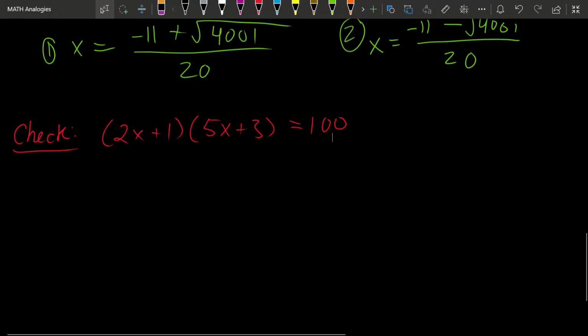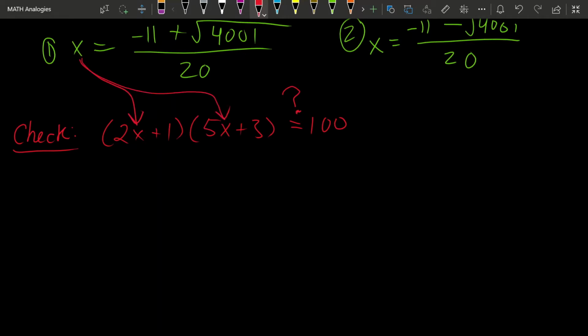So let's try answer 1 first. We're checking that this equality is true when we use this x in the formula. So let's try this out. We can do 2, and here comes the green x.